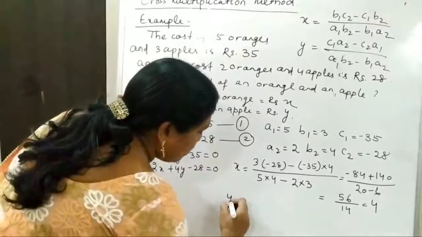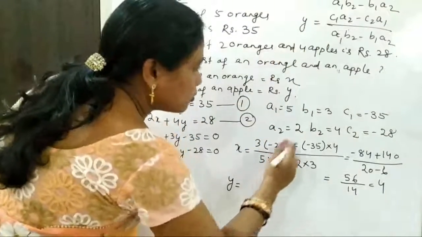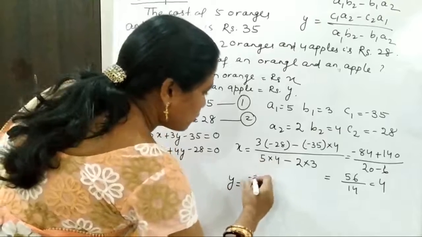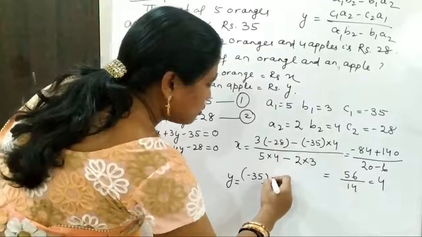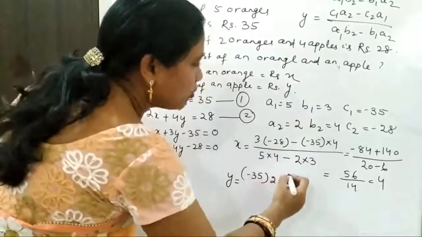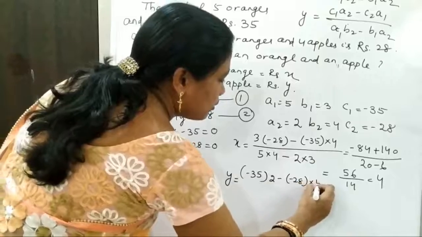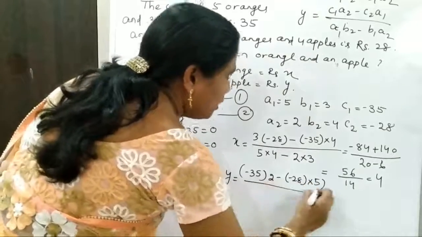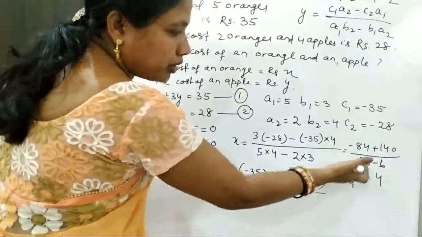Then what is the value of Y? So Y is (C1 A2 minus C2 A1) divided by (A1 B2 minus B2 A1)... minus 35 multiplied with 2 minus C2 A1 minus 28 multiplied with 5 divided by A1 B2 minus B2 A1. So here the denominator is 40.